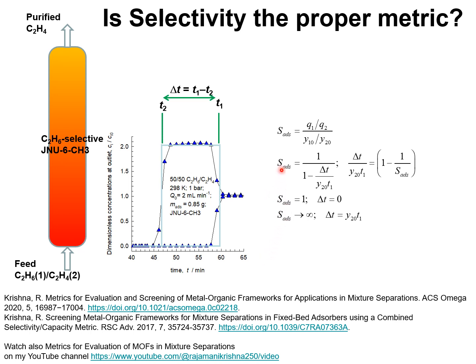The expression for the adsorption selectivity for a feed mixture of mole fractions Y10 for ethane and Y20 for ethene is the following. This is derived in my two papers listed here.